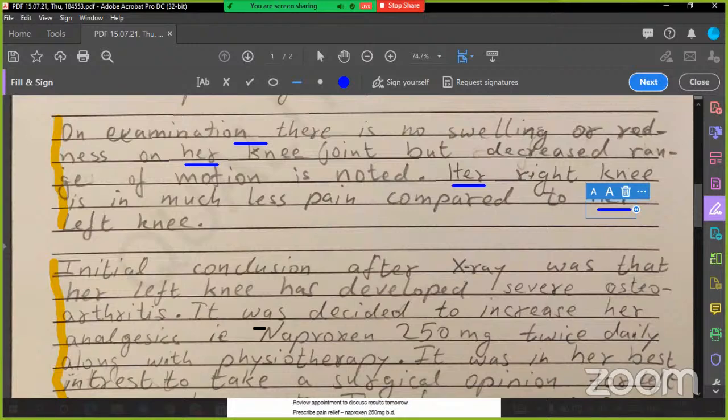It was decided to increase her analgesics to naproxen 250 mg twice daily.